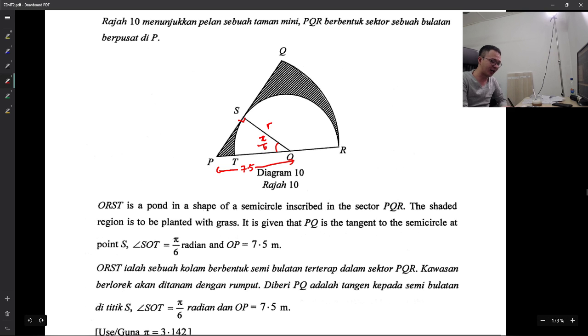Since this is a right angle triangle, just in case you cannot see, in order to find r, I can use the cos rule, right? Adjacent over hypotenuse. So therefore, I will do something like cos pi over 6 equals r over 7.5. So I will change my calculator to radian first. Then I will do cos pi over 6 multiplied by 7.5. So I got my r should be 6.495.